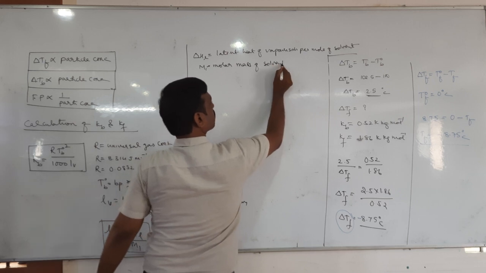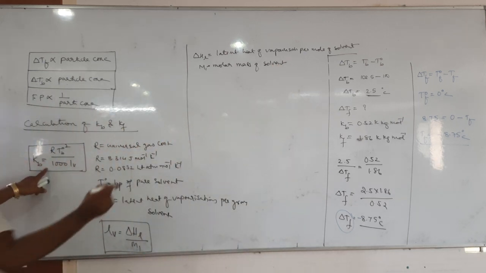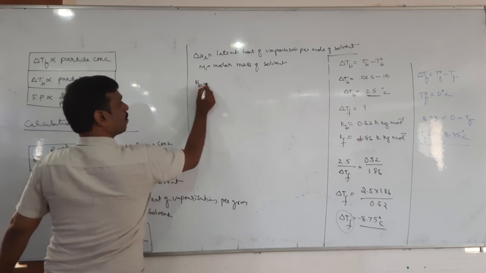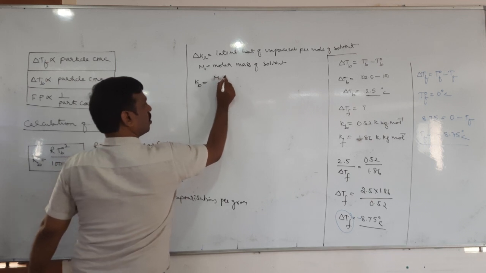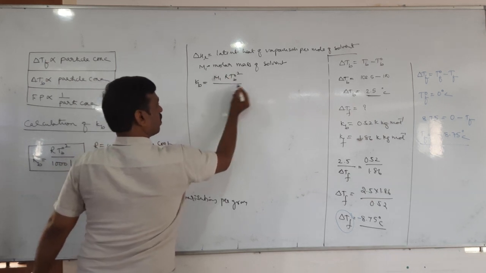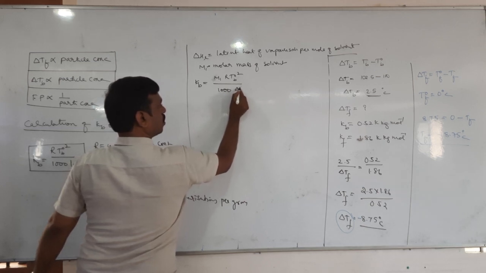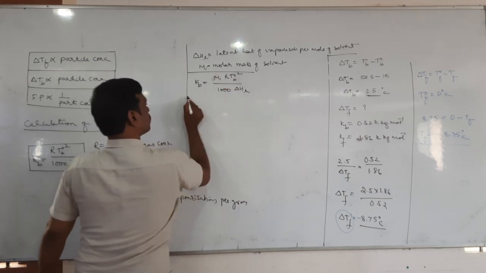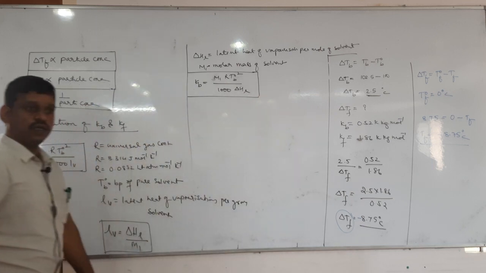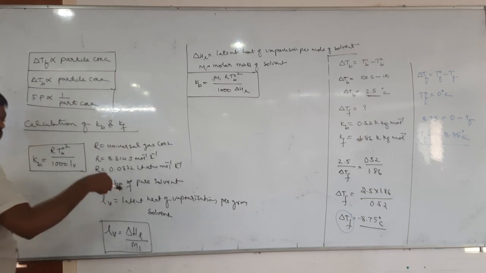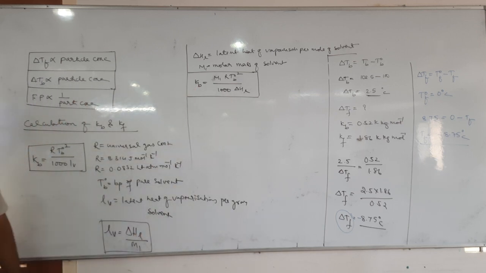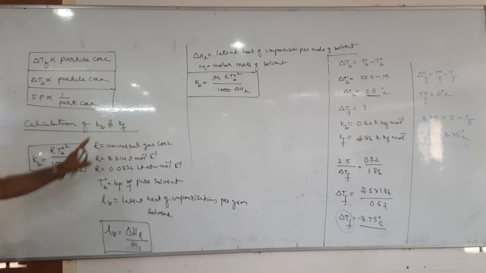So now substitute this in this equation. What is the Kb? Kb equals, you can get M1 here, M1 R T naught B square by 1000 into delta HL. It means if the latent heat of vaporization is given per gram, you take this formula. If the latent heat of vaporization is given per mole, take this formula. Okay. So the difference is only latent heat of vaporization per gram or per mole.